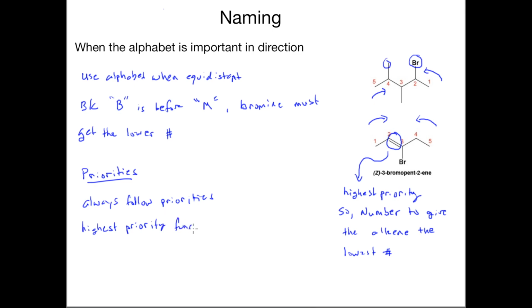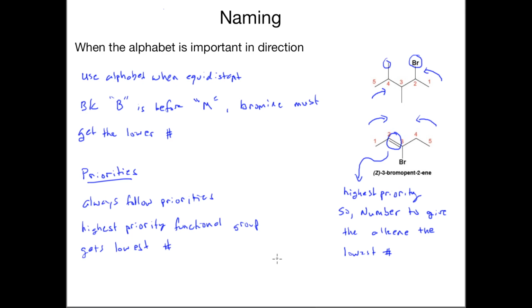One thing that you can do, and I'm going to show you, is how we can figure out which ones have the highest priority. Again, you need to remember what your functional groups are, because this is important when we name, right? You must remember which groups are which, because you can't determine the priority of them unless you are able to recognize different groups.